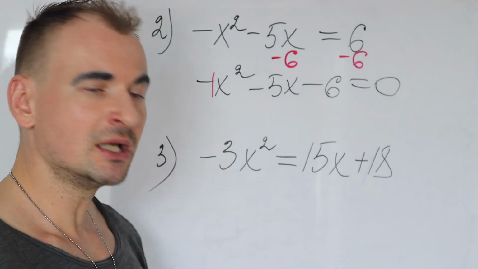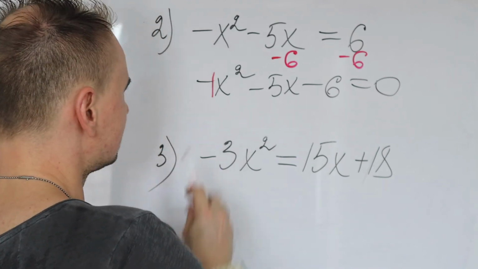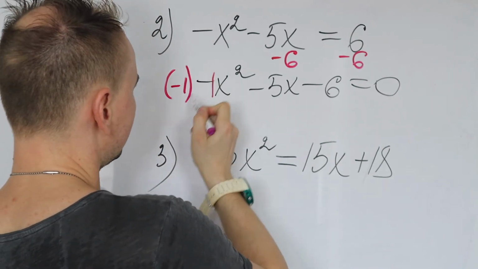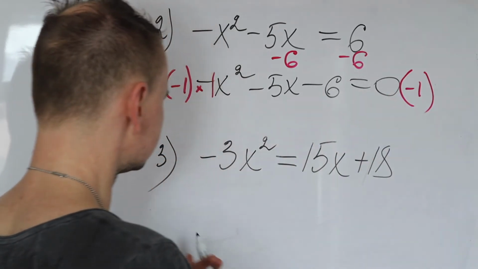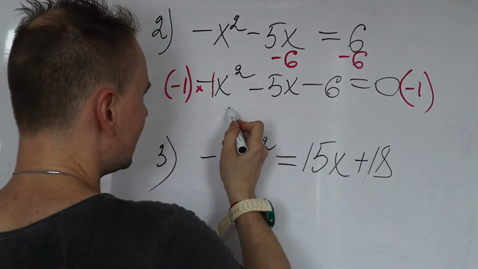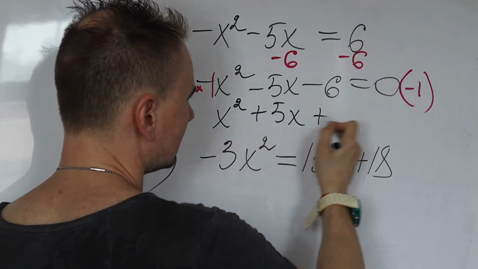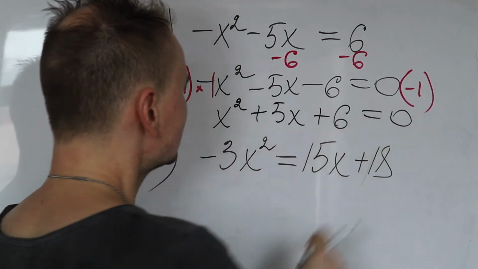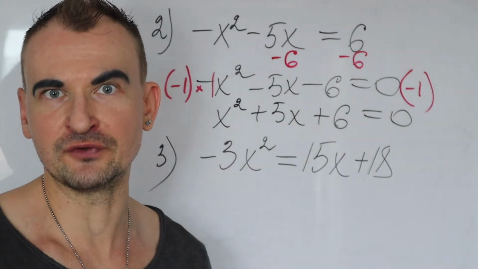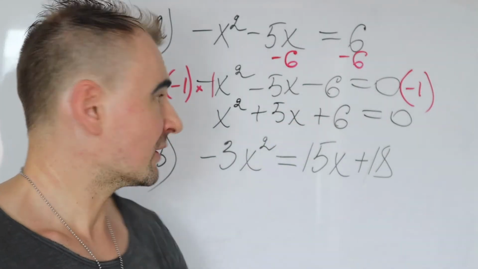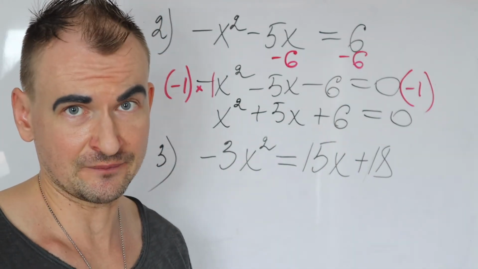So let's do it. Let's just multiply it by -1. It becomes, so you simply switch the signs in front of your terms, and the right side is still 0.